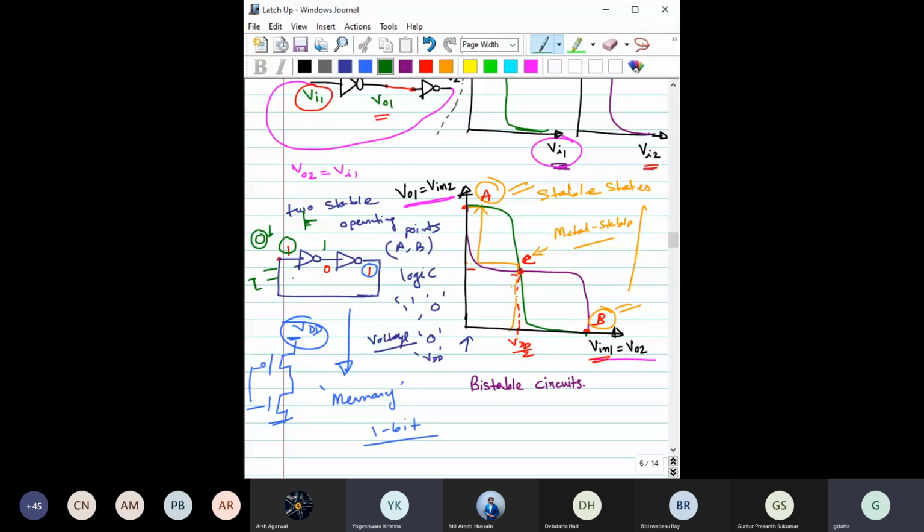If this is 1, then it will force the other to go to 0. And after that, if you remove the pulse also, then it will remember that 0 bit. So we have understood that a basic arrangement of two inverters can act as a memory and can store 1 bit.